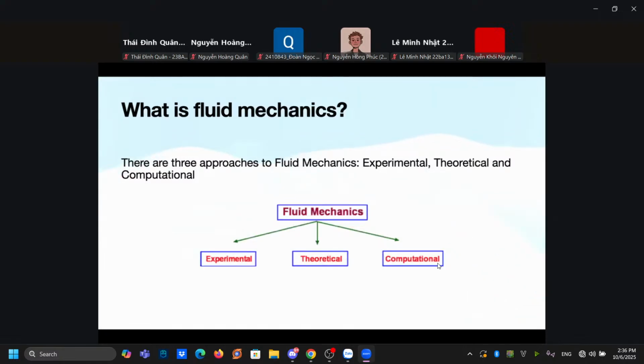And there are three approaches to fluid mechanics. This is similar to many other subjects actually. We can do experimental, and we also have theoretical and computational. It means that if we have some prior knowledge, we can predict what will happen.